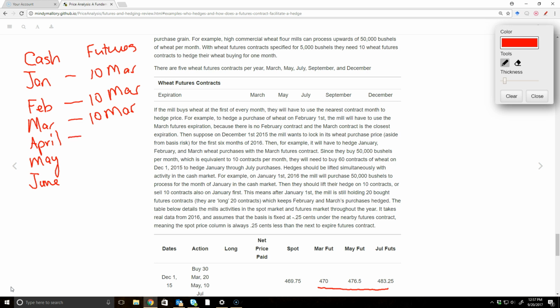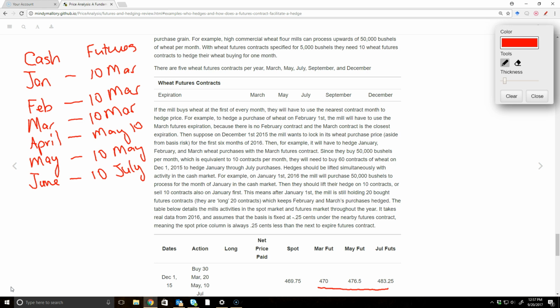And in April, the March contract has gone off the board, so they're going to have to skip down to May. And that's also going to be 10 contracts. And they can use the May contract to hedge the May purchase. And June, of course, May will have gone off the board by then, so they're going to have to skip ahead to the July contract to hedge that.